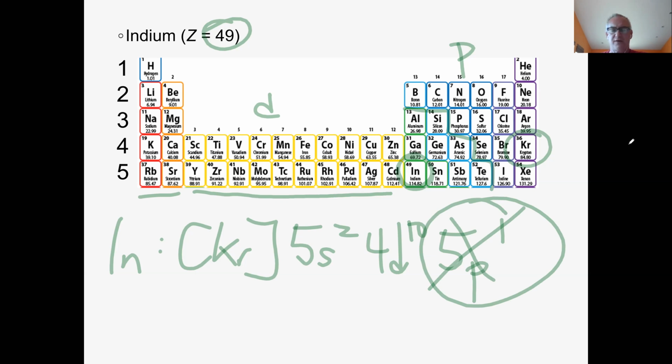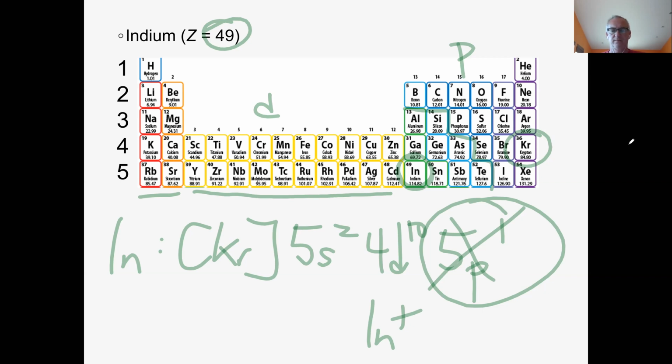A single positive, right? So it would be indium plus. What's the other possibility? Yes, there's another possibility.